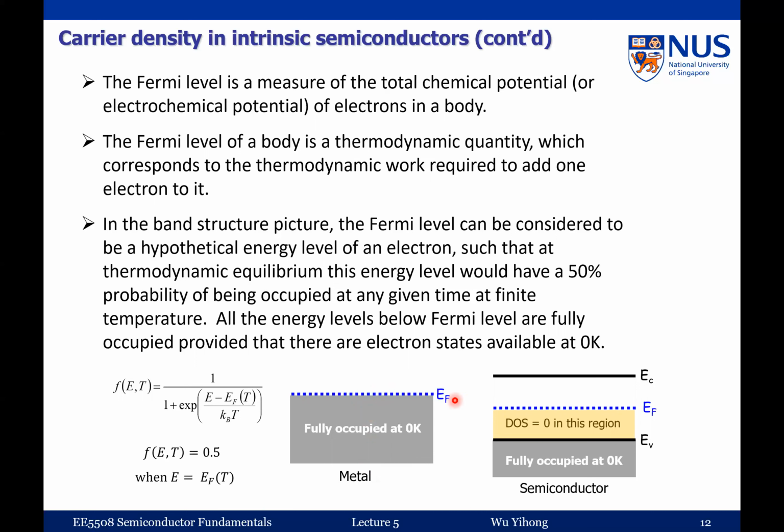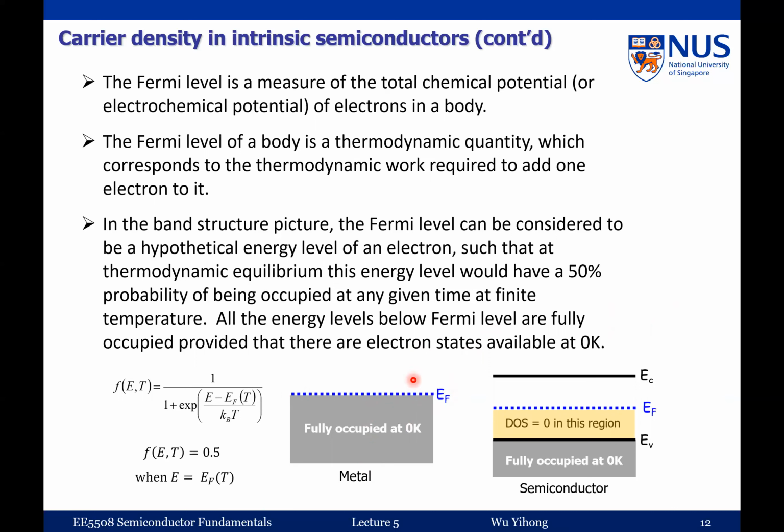That's your Fermi level. Imagine you want to add another electron to this Fermi sea, and that electron is infinitely far away from this material. When you move that electron from infinitely far away into this material, you need to add energy of EF.